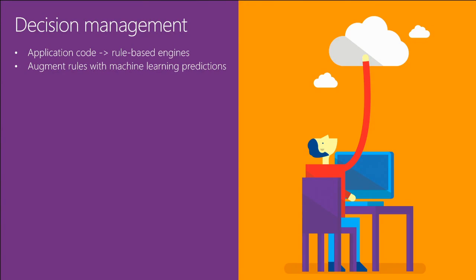If the business changes, somebody has to go and modify the rules, or the rules have to be such that they take care of all situations, which is usually not the case. Whereas if we can augment these rules with machine learning predictions, then, as you will see in the following scenarios, it makes the application much more flexible.